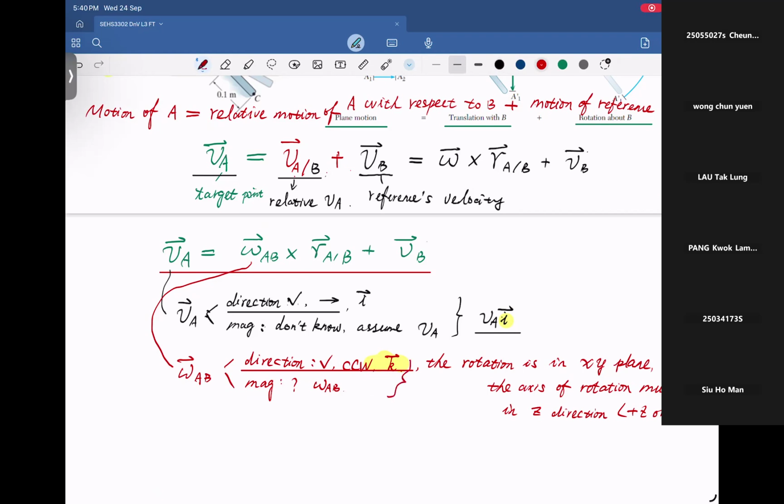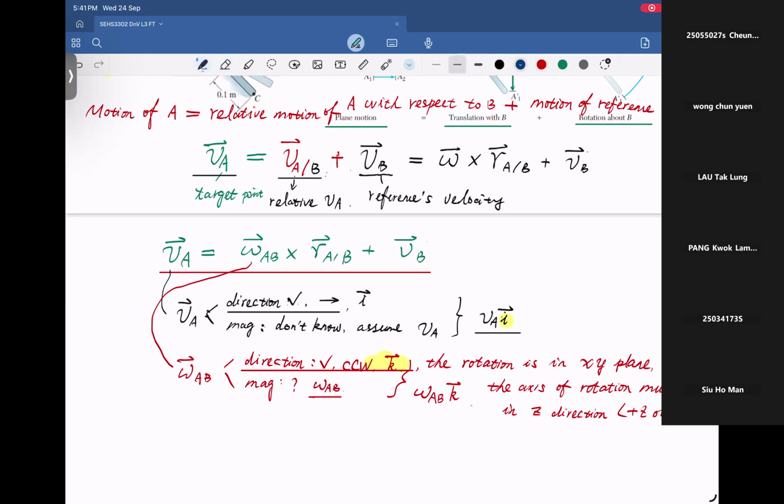It is an assumed omega AB. We do not know the magnitude, but we know the direction is along k. Positive k or negative k is okay, because omega AB is an unknown. If it is positive, after solving the equation we get a positive number. If it is negative, we get a negative number. This doesn't matter. Okay, so this is omega AB.